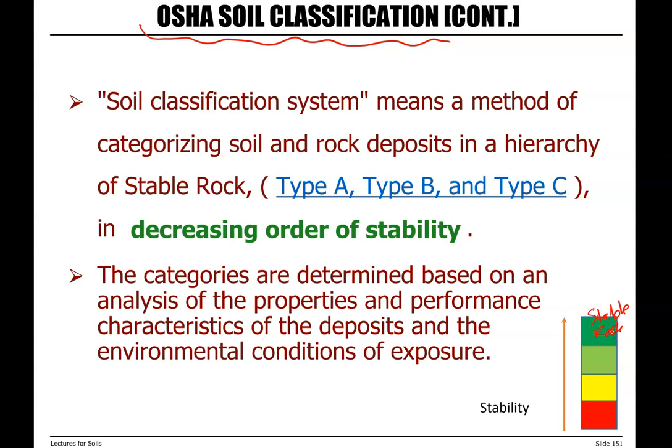And with a decrease in stability, we will have type A, type B, and type C. So the most stable type of soil is stable rock. Then with a decrease in the stability, we will have type A, type B, and type C.